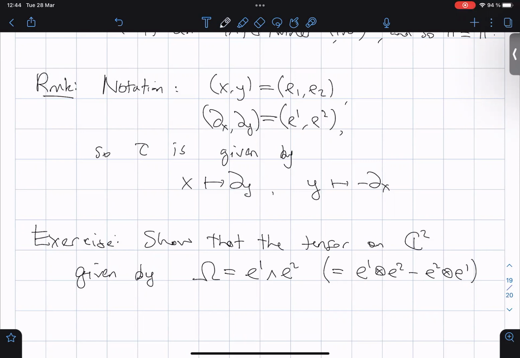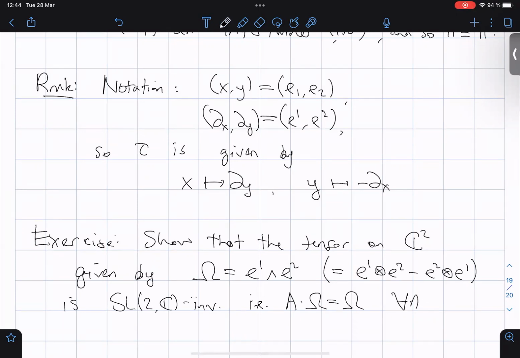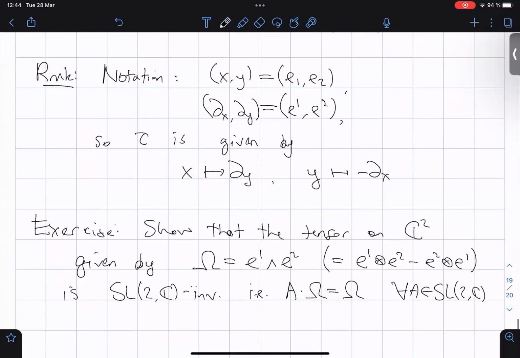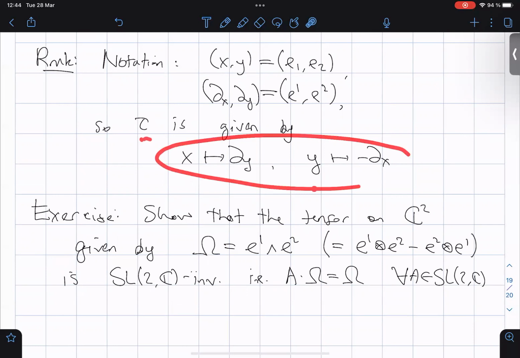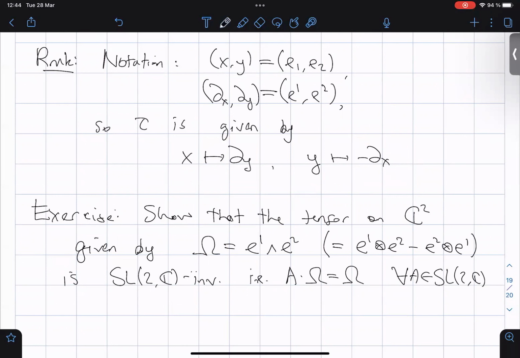So this guy is SL2C invariant. In other words, A acting on this is itself, for all A. So there's an invariant tensor lurking around. This intertwiner that we have here, let me highlight that.